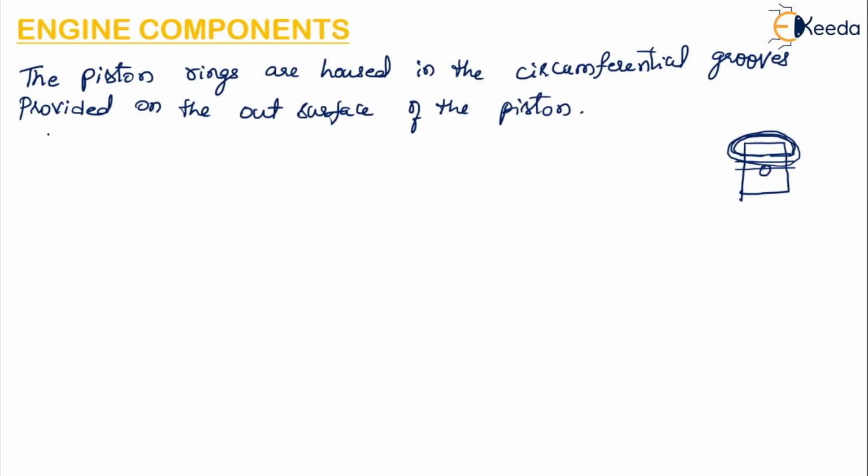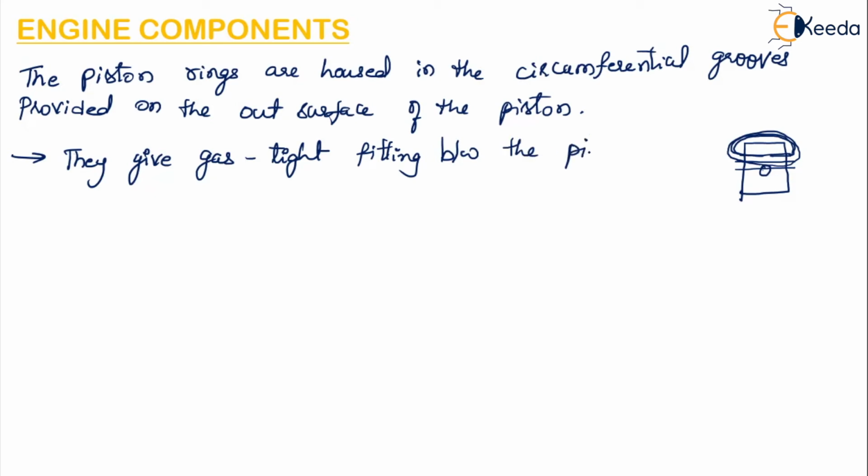So this will give gas tight fitting between the piston and the cylinder. So why these piston rings are provided? Because they give gas tight, that is there will be no leakage of gas, fitting between the piston and cylinder, okay, and prevent the leakage of high pressure gases.